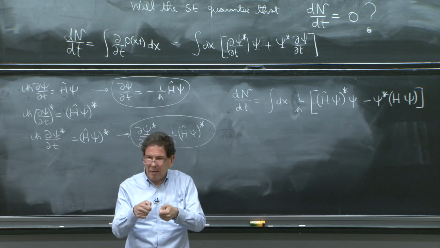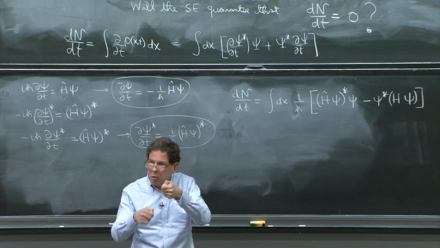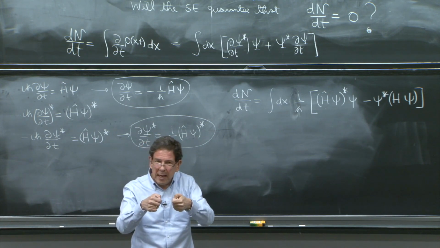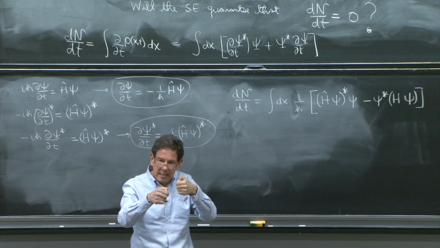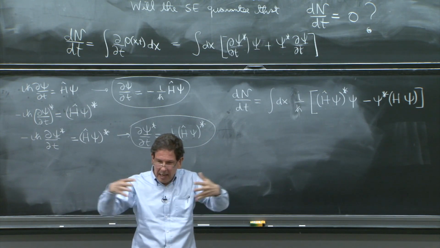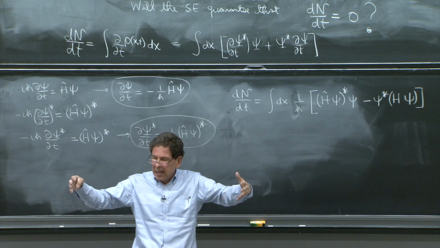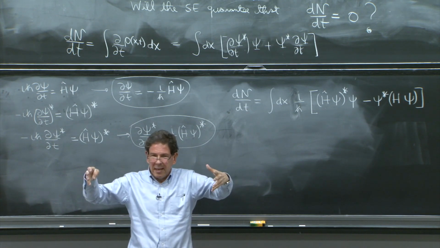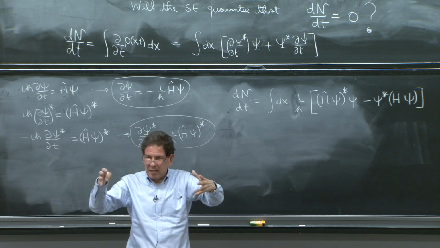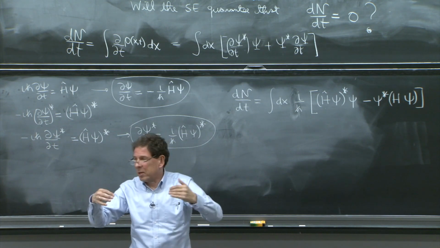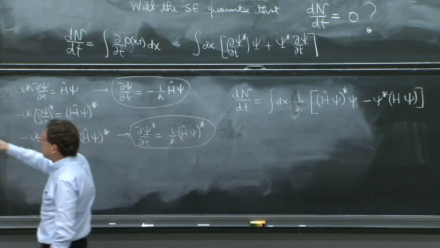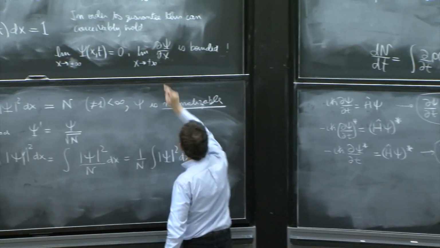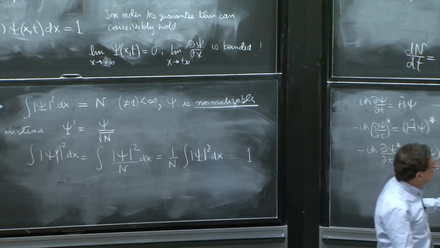Well, it's kind of going to work that way, but we're going to do the work, and we're going to get to this dn dt being an integral of something, and it's just not going to look like 0, but it will be manipulated in such a way that you can argue it's 0 using the boundary condition. So it's kind of interesting how it's going to work.